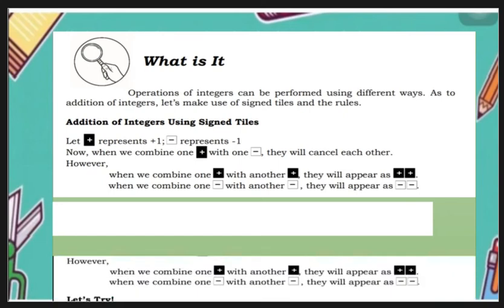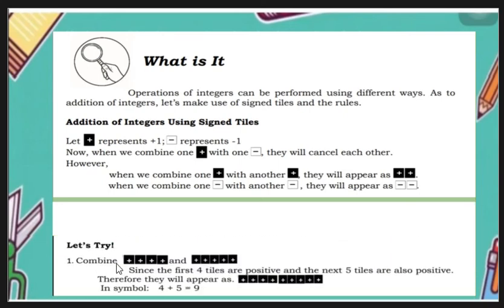Now let's try to combine 4 positive tiles and 5 positive tiles. Since the first 4 tiles are positive and the next 5 tiles are also positive, just add the two positives.